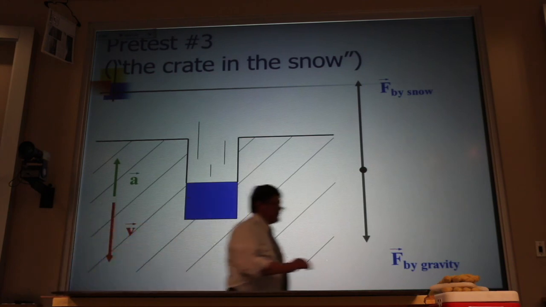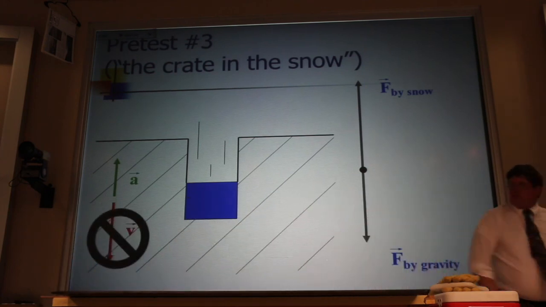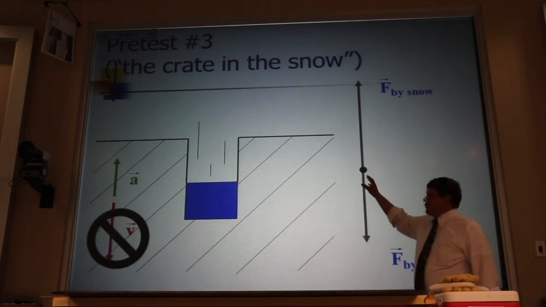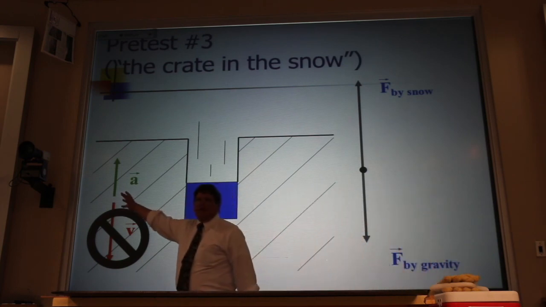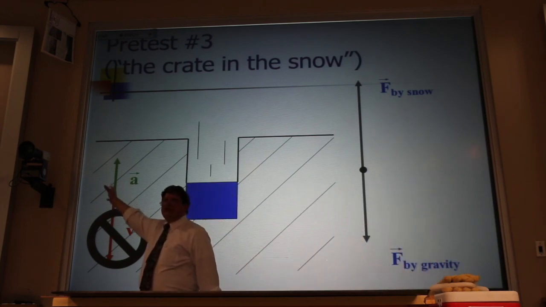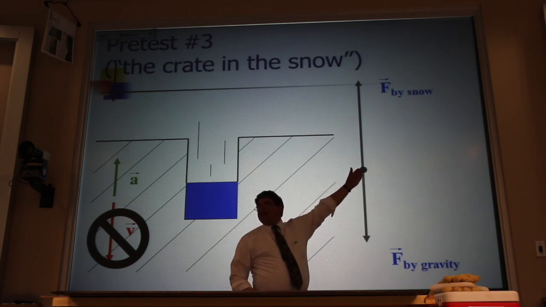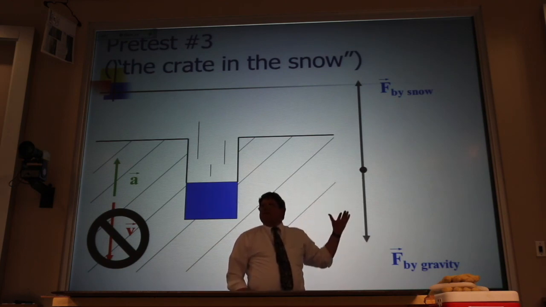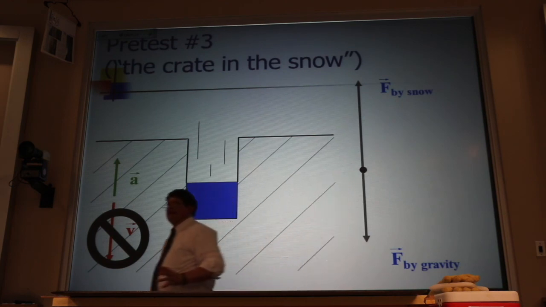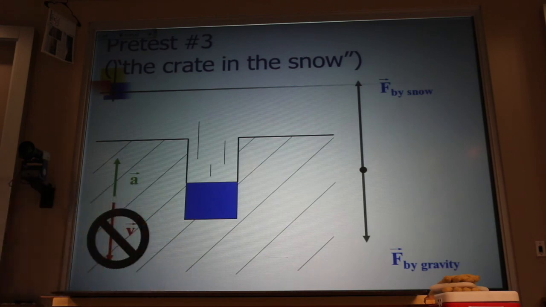You have to ignore the velocity and recognize that this diagram has to scream that acceleration. If the acceleration is up, I gotta have more force up than down. The extra force up we call the net force. How much extra force up we have, more than we have down.